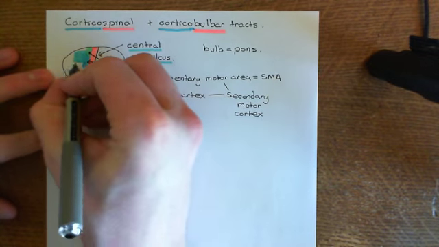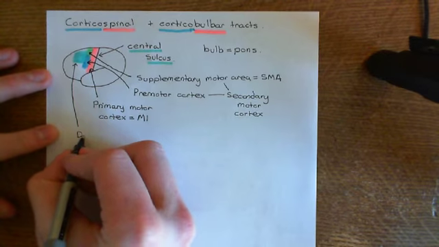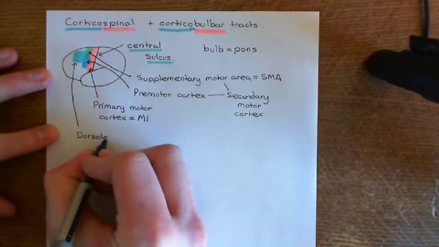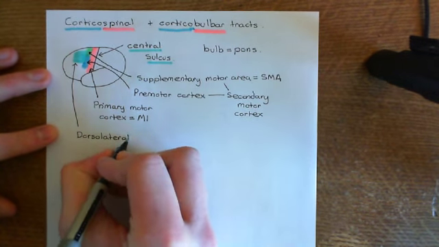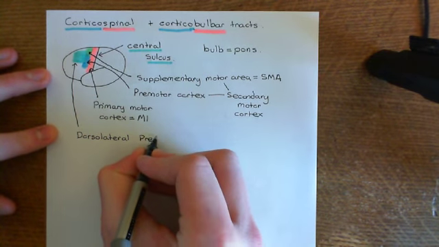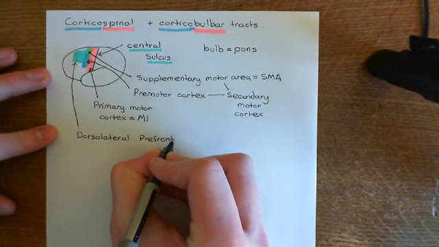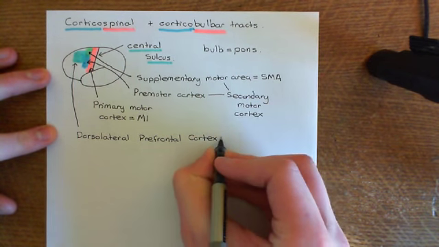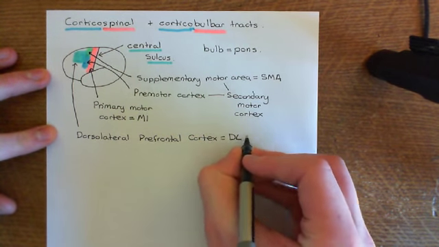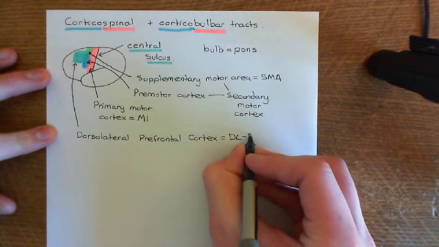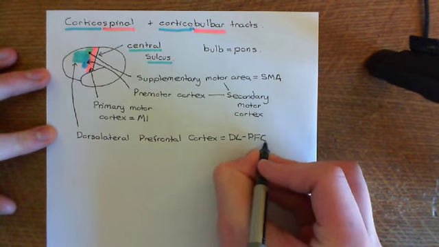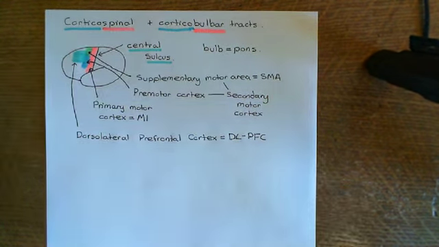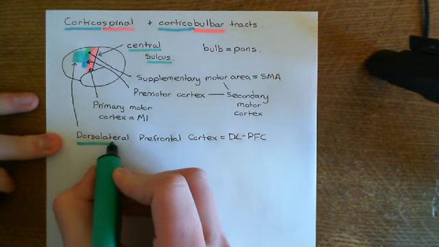For short, it is usually abbreviated down to DL for dorsolateral, then a dash, and then PFC for prefrontal cortex. That's the portion in turquoise there.